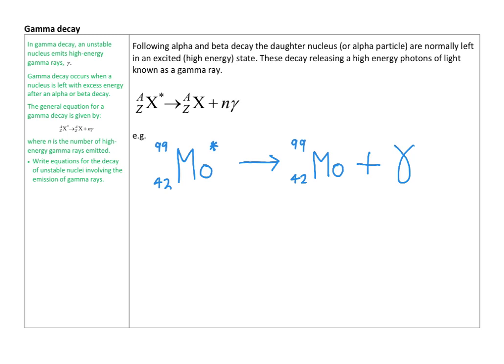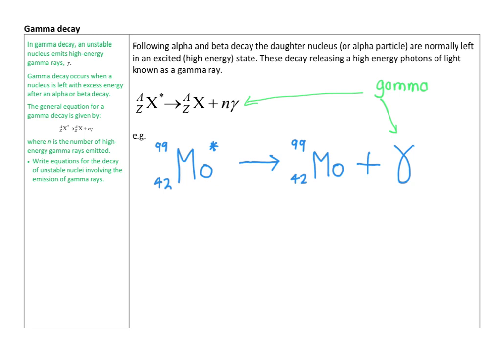So that little symbol that I've got there, that might be new to you, that's from the Greek alphabet. This symbol here is more the way you normally write it, gamma from the Greek alphabet.